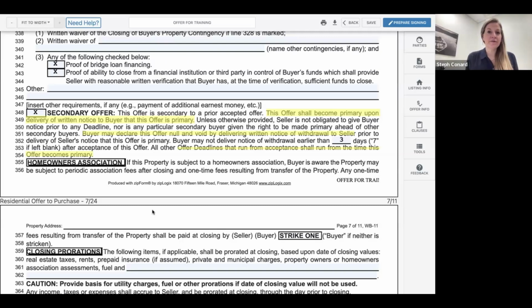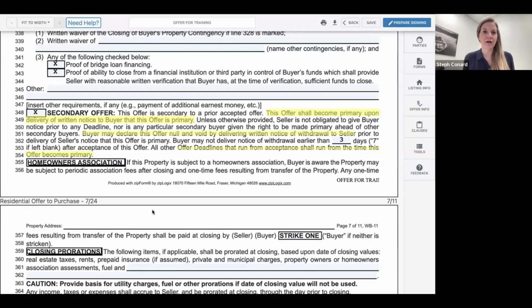Say a buyer found their dream home and there happens to be an accepted offer on it, and they're willing to write a secondary offer and hang out in secondary position, even though the chances are slim that they would be moved into primary. That option is still there.